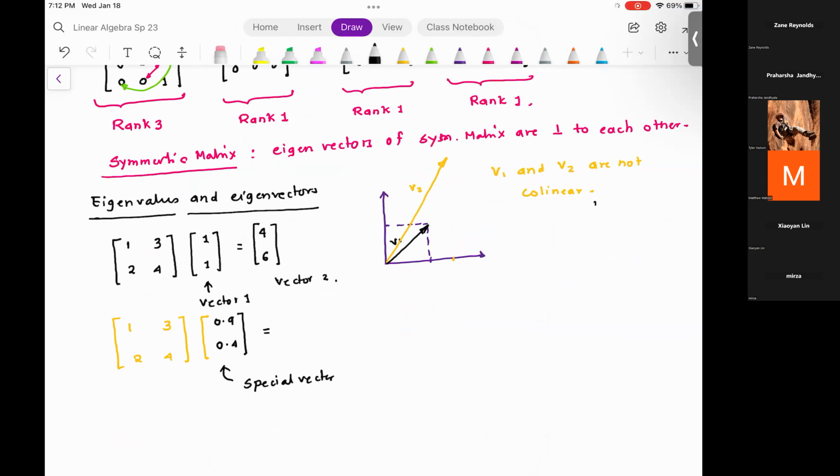If I perform this multiplication, that is going to give me 0.9 plus 1.2, and then 1.8 plus 1.6, which is 2.1 and 3.4.